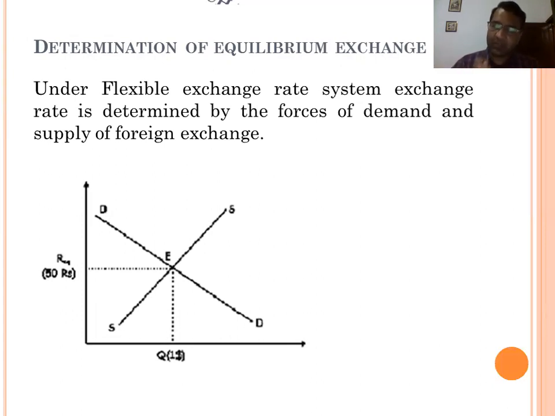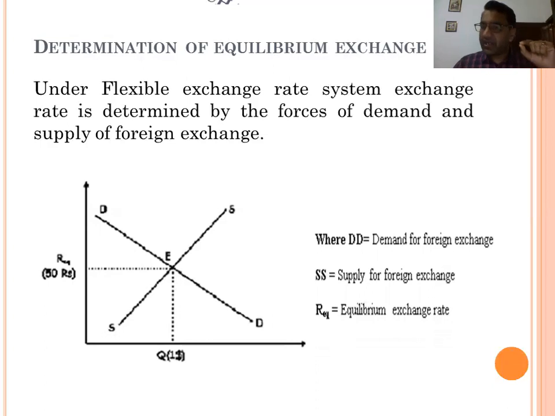OX represents the quantity of foreign exchange and OY represents the exchange rate. At that point the exchange rate is determined where demand and supply are equal. DD is the demand for foreign exchange, SS is the supply of foreign exchange, and the equilibrium exchange rate is R1. In this way, the exchange rate is determined.